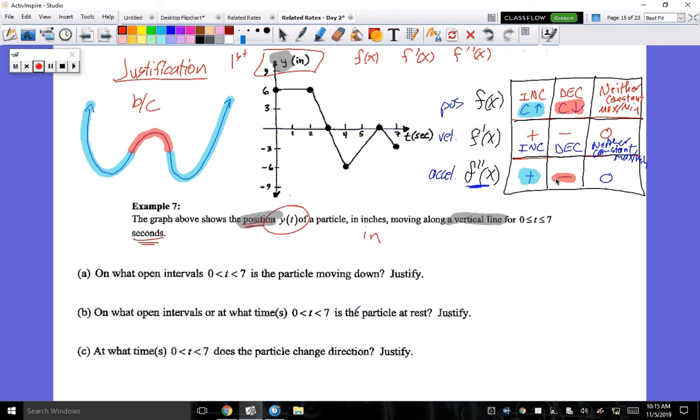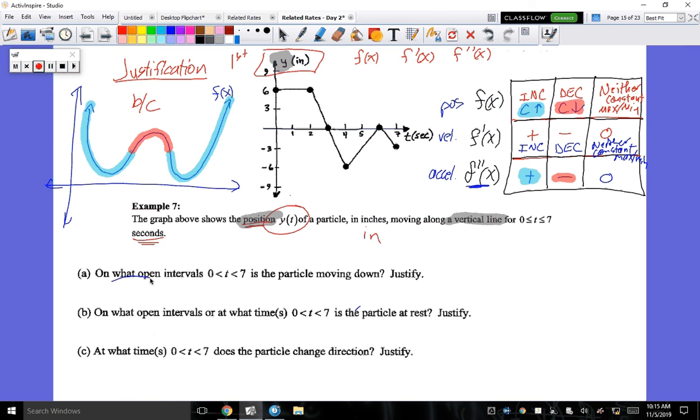If and only if I'm looking at this function right here as a what function? Position, yeah, as an f of x graph. Go with me? Very, very important on this table for sure.